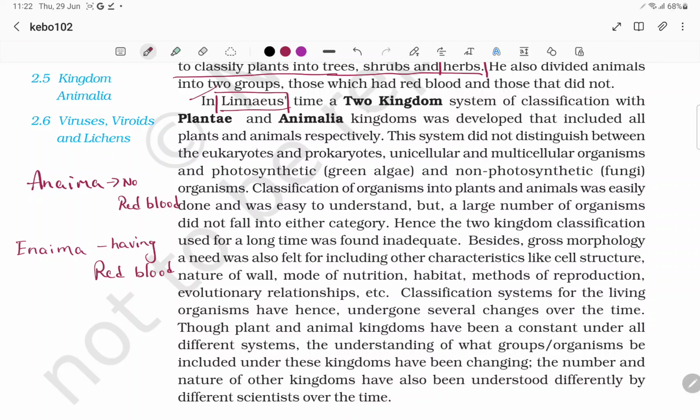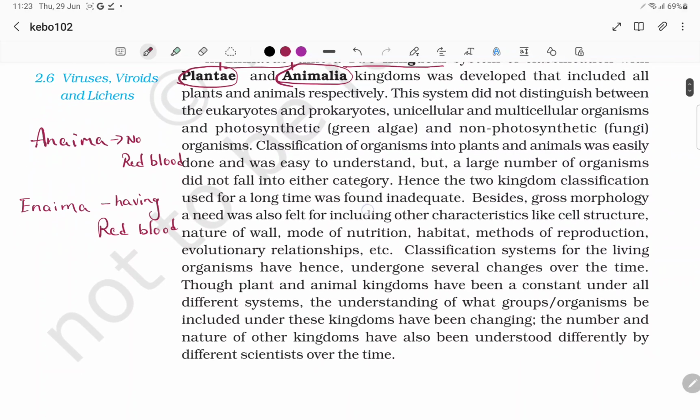So he gave the two kingdom classification, which means Plantae and Animalia. He classified the things into two kingdoms. One is Plantae and the other one is Animalia. He developed that including all plants and animals respectively.